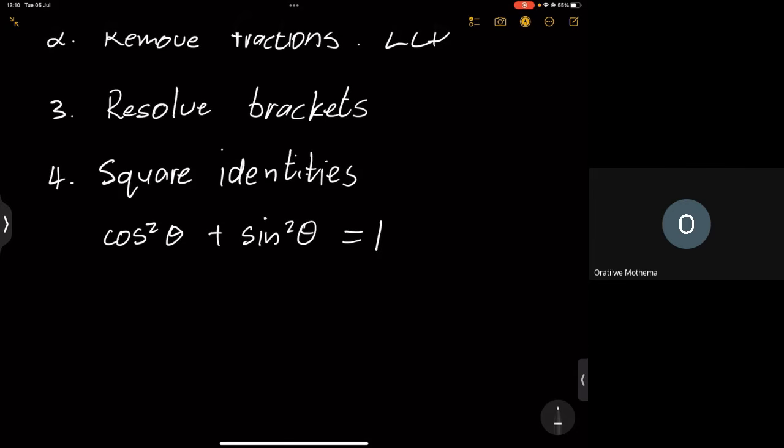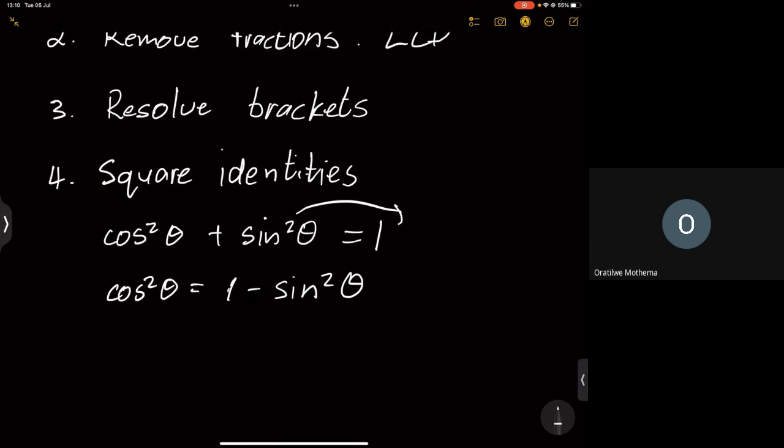But there are times when you are given cos squared of theta, and you might have to substitute it with 1 minus sine squared of theta. All I've done is take the sine squared of theta to the other side. So cos squared of theta is 1 minus sine squared of theta.